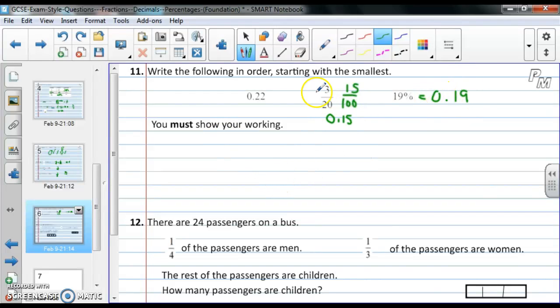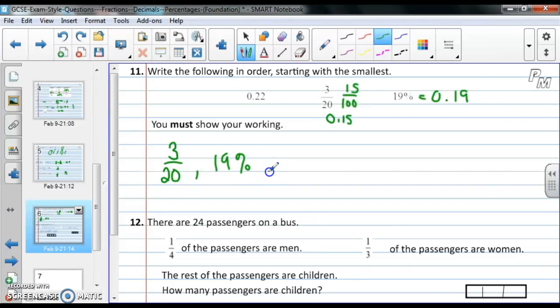So I'm going to go with the 15, because 15 is less than 19. And I'm going to write it in the original order. So I've got 3 out of 20. Okay. Then after that, if I look, my next smallest value, I've got 0.19, or 19% is my original value.